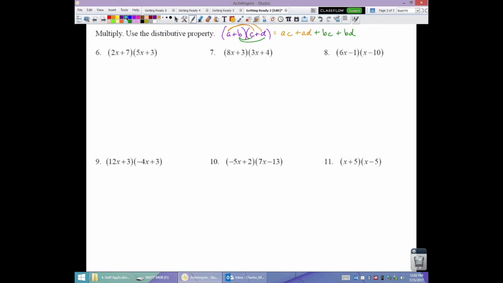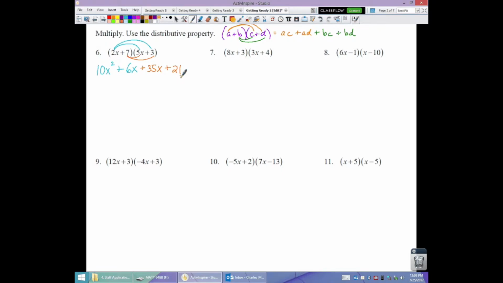So in this first number 6 here, 2x times 5x would be 10x squared, because we're multiplying an x times an x. 2x times 3 would be 6x. Now doing the 7. 7 times 5x is 35x. And 7 times 3 is 21.